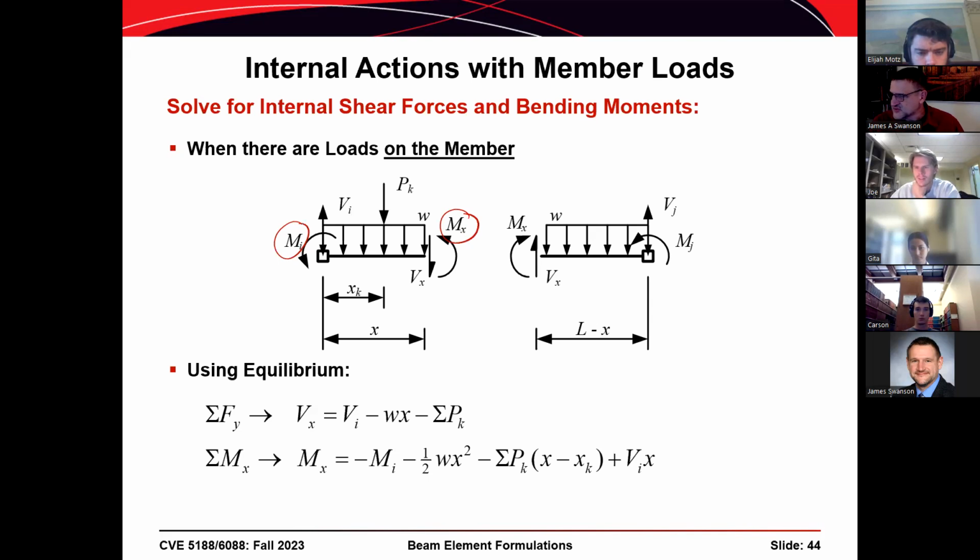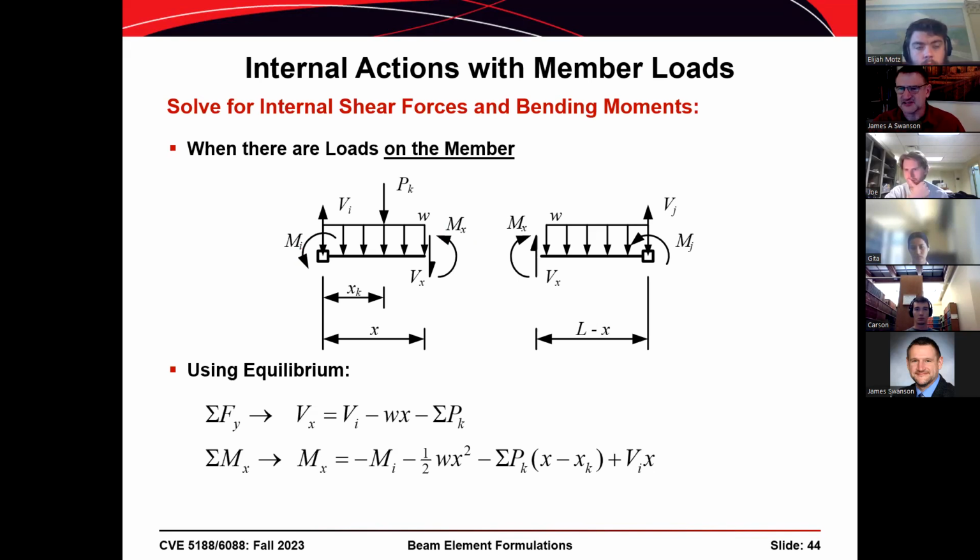So the reason that I did that is that there are two different sign conventions that are used for M sub I and M sub x. M sub I and M sub J both use the sign convention that they're positive if they are counterclockwise, and that's because those are moments at nodes.